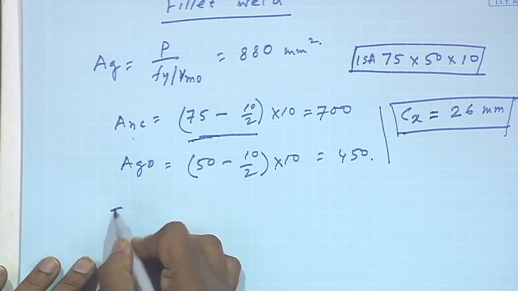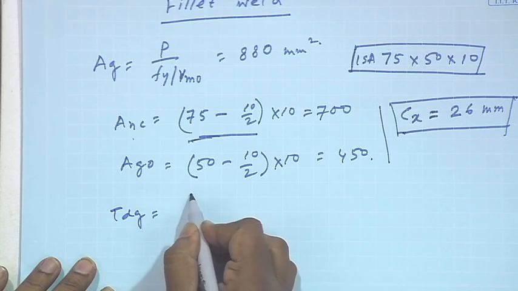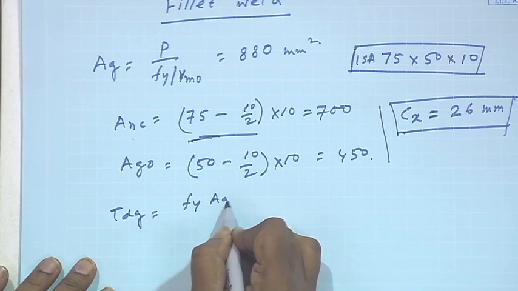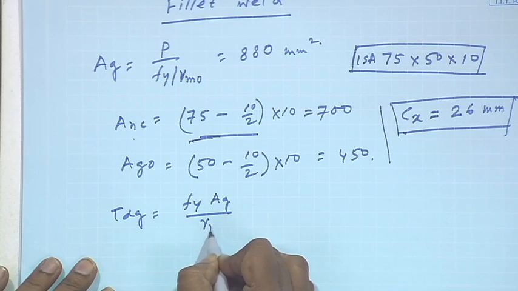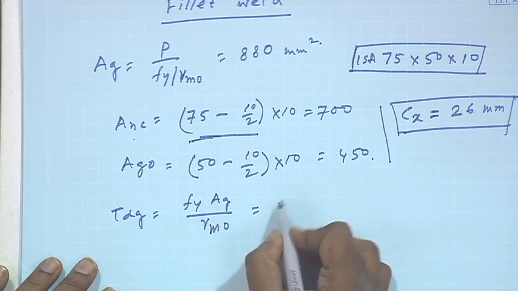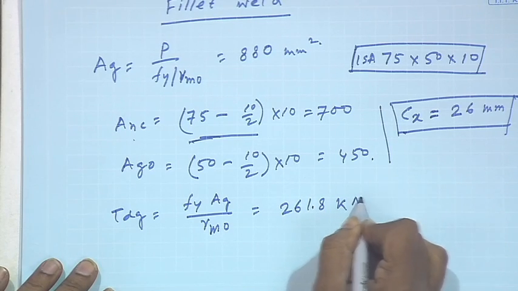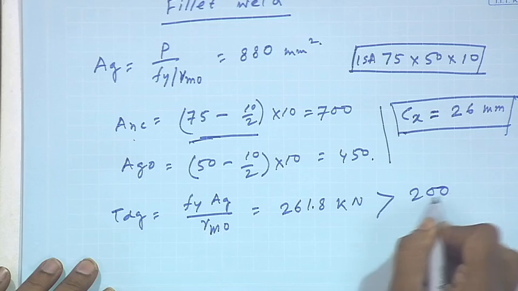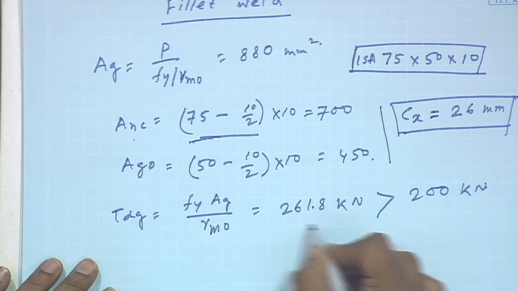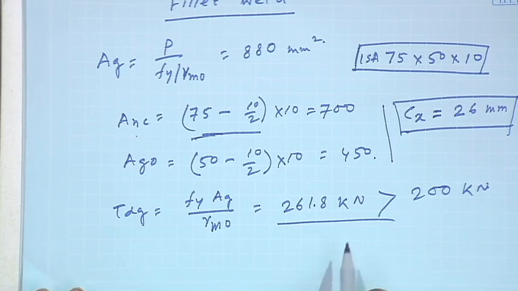Now, TDG value we can find out the same as we calculated earlier, that will become 261.8 kilonewton, and that is more than 200 kilonewton, which is okay. So, TDG value will be the same for bolt connection as well as weld connection.